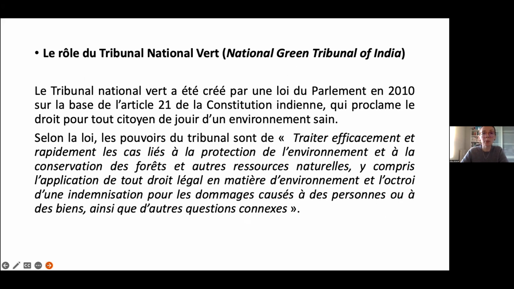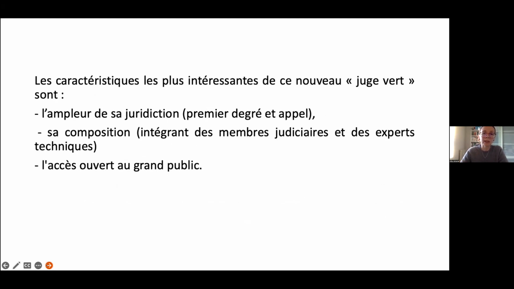However, we can notice the important role of the National Green Tribunal of India. It can impose things on the federated states. It's the only tribunal that can impose this zoning. It was created in 2010 based on an article of the Indian Constitution.